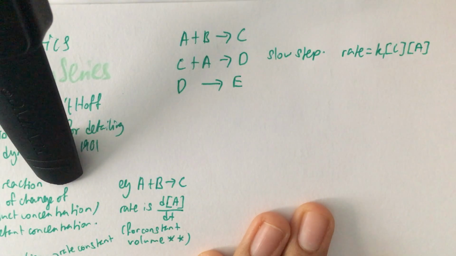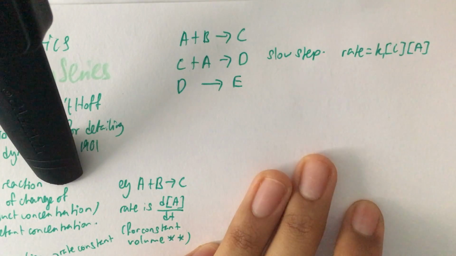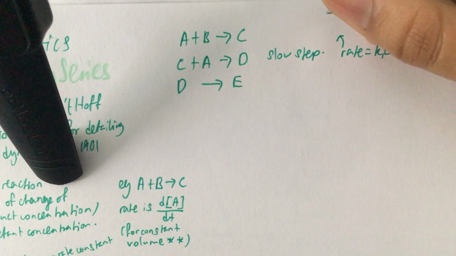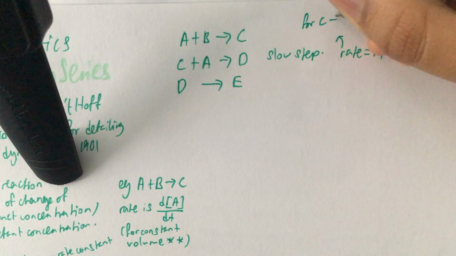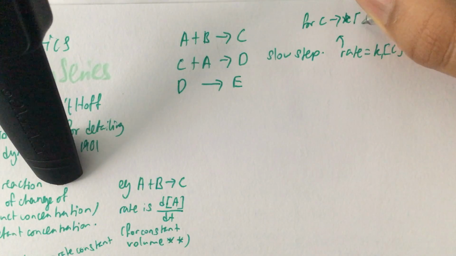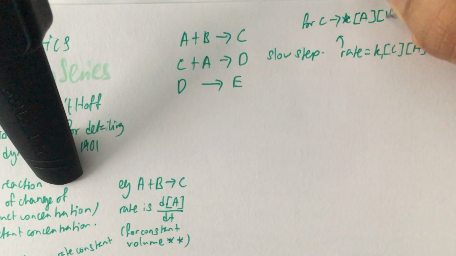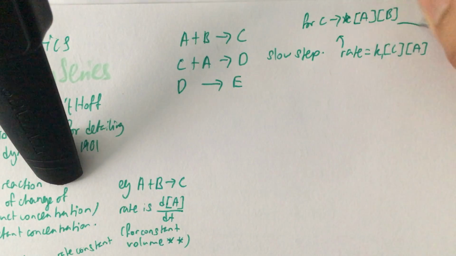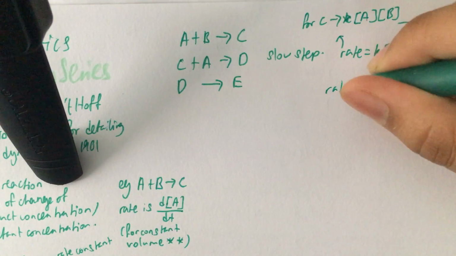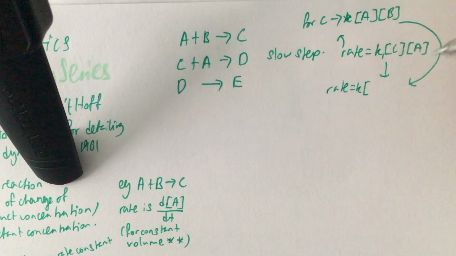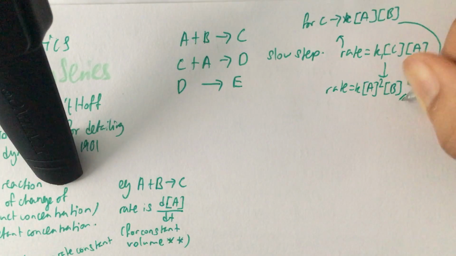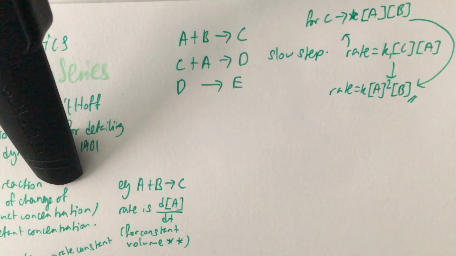Then, if there's a reactant that doesn't look like the original reactant, you have to go back to the first step, see what created that reactant, write a different rate equation for that part itself, and then sub it in to get the final rate equation. I hope I demonstrated that properly here, but let's see.